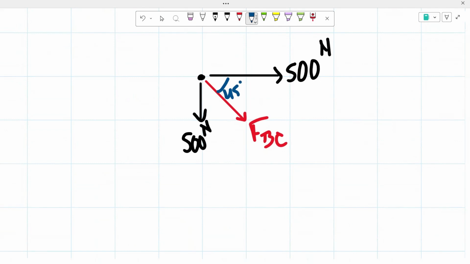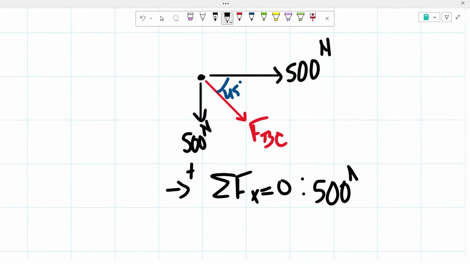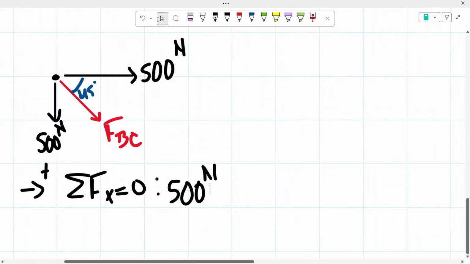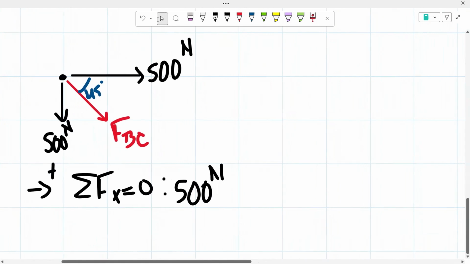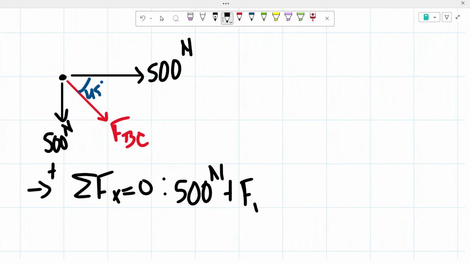I'm just going to determine the value of the force from its x component. So we're going to be taking the sum of the forces in the x direction. We know that has to equal 0. So we have positive 500 newtons. From there, remember, I'm assuming that all of our forces are in tension, so we have positive force BC.